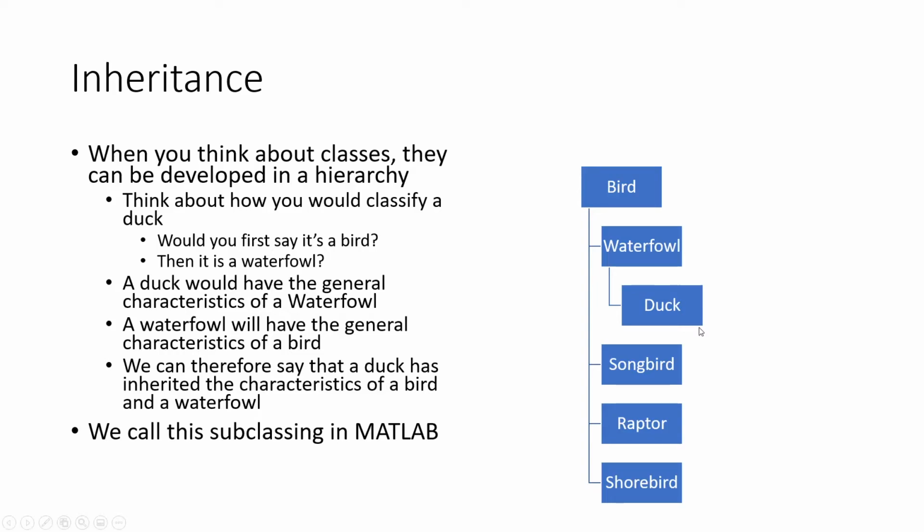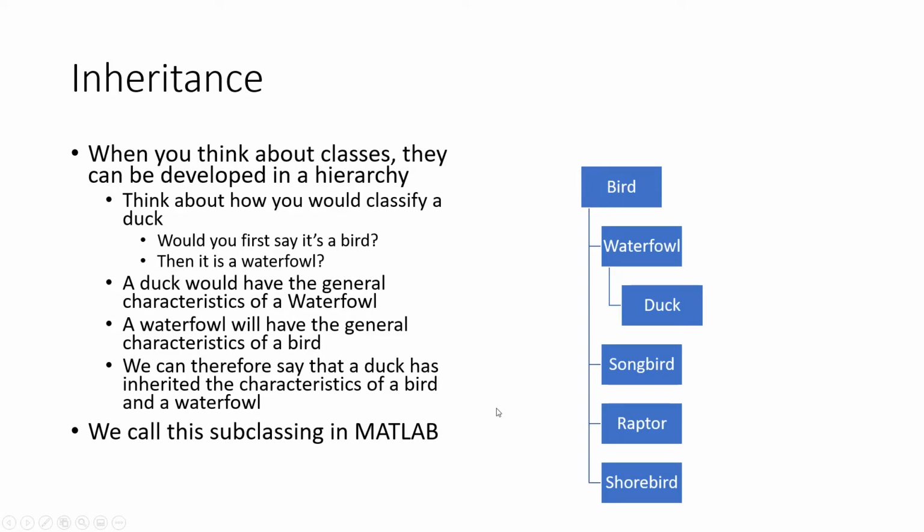So we can say that, well, a duck is going to have the general characteristics of a waterfowl. Now, it may be a little different than a standard waterfowl, but it's going to have the general same characteristics. And then a waterfowl is going to have more characteristics than, say, a bird. So it's going to be slightly different, but a bird is the most generic we want to get. Now, if we really wanted to, we could go up one level and say animals, or say, warm-blooded animals. And you can keep going up and being able to inherit information from the previous levels.